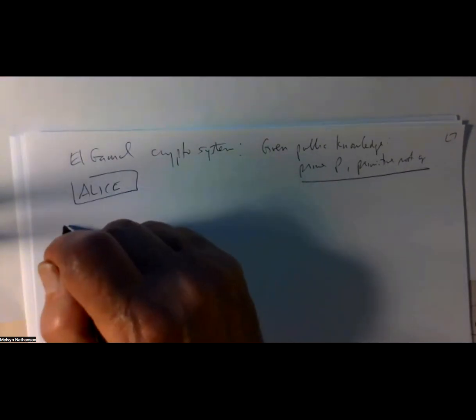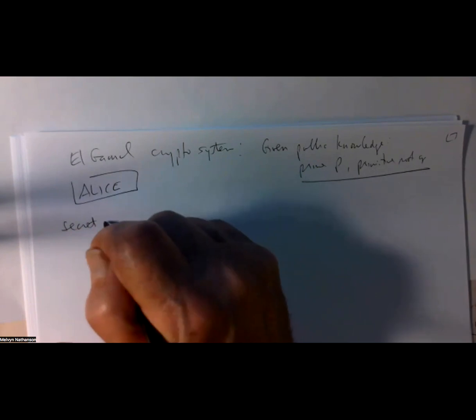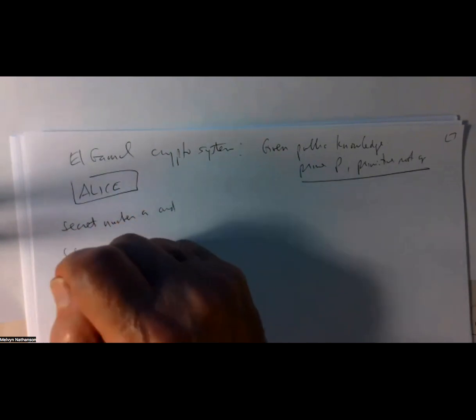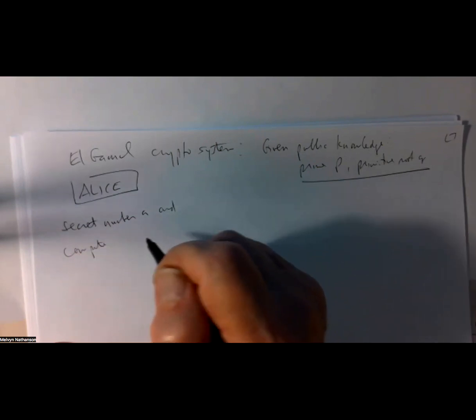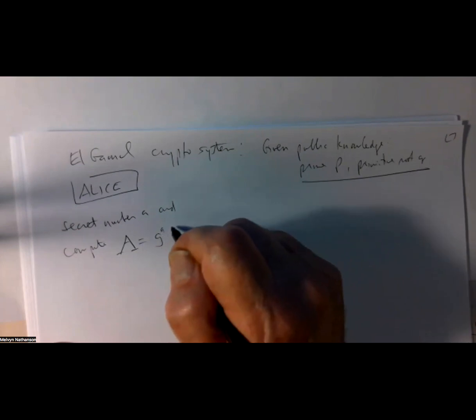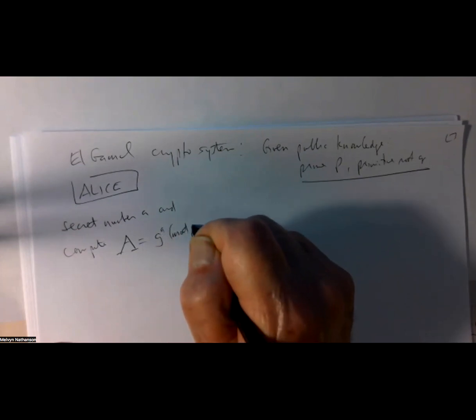So Alice chooses a secret number a, and she computes the number capital A, so this should look familiar, which is G to the a mod P.